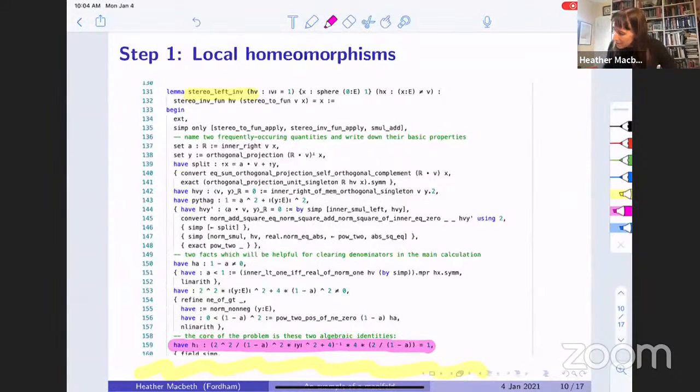A fact like this can be checked purely by making the appropriate combination of this fact I was pointing out, that a squared plus the norm squared is 1, and after clearing the denominators, which is an earlier fact. So you have this one purely algebraic step, and then you have a second step where you give it a whole bunch of simple lemmas for unfolding definitions and so on, and you tell it, okay, go off and apply the simplifier to reduce it to this algebraic calculation. Okay, thanks.